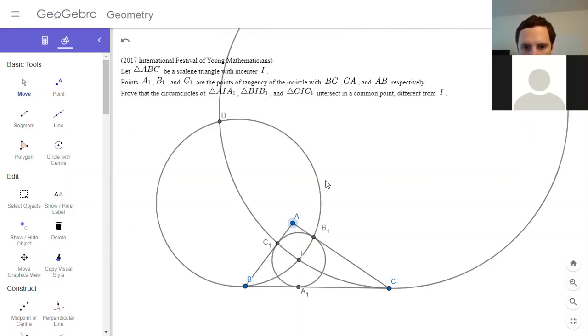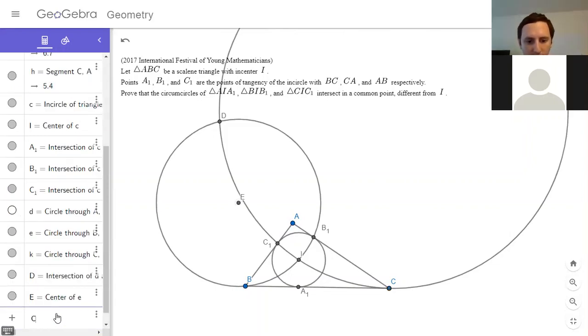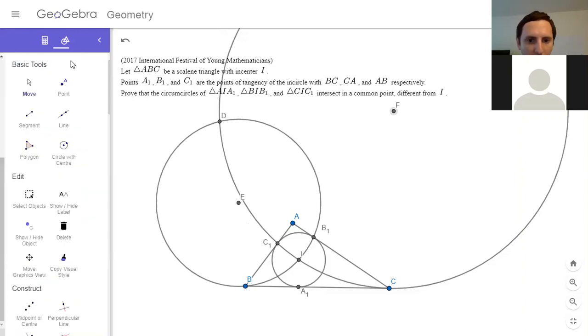I think I have a simple standard solution for this one. We consider the diametrically opposite point of I in all three circles, which simply means construct a perpendicular at B to IB.